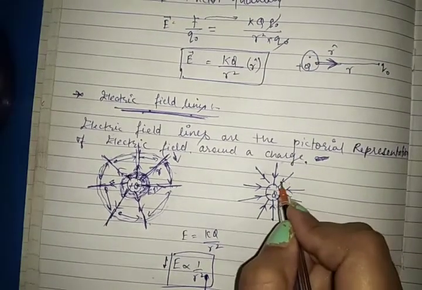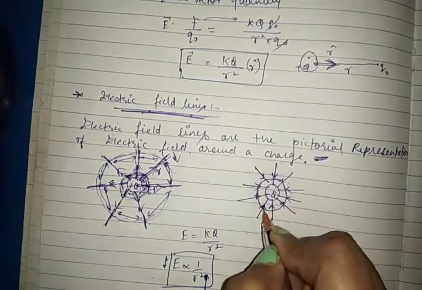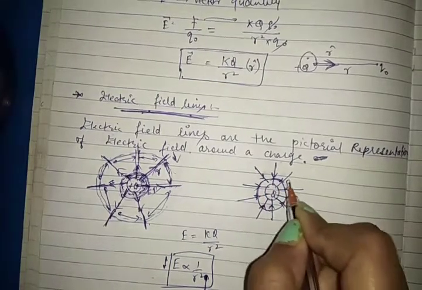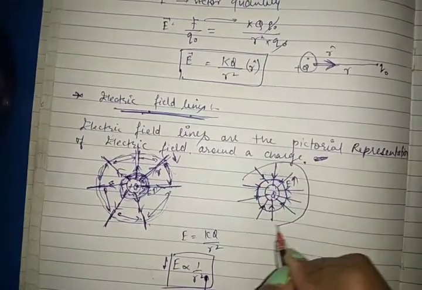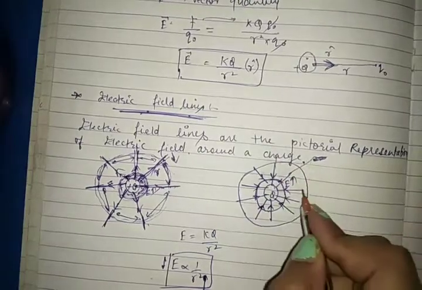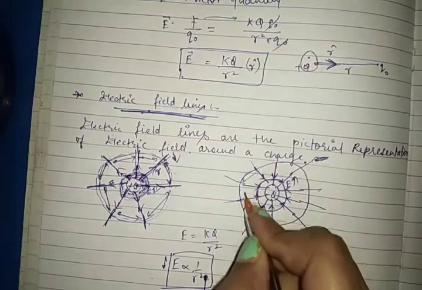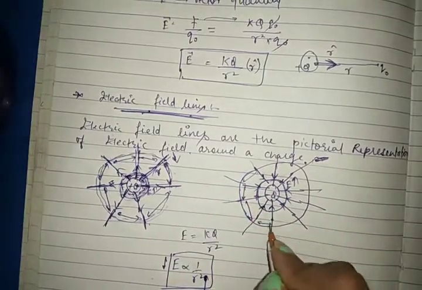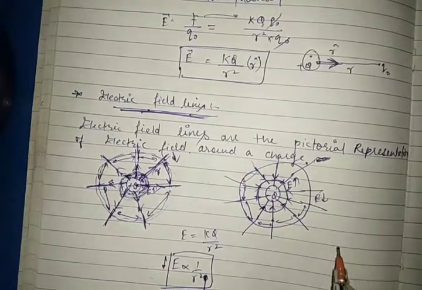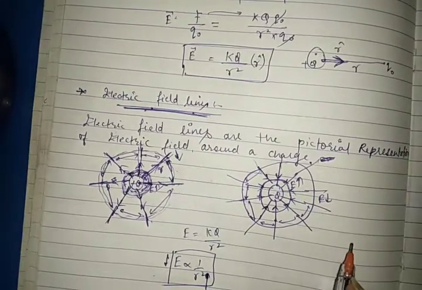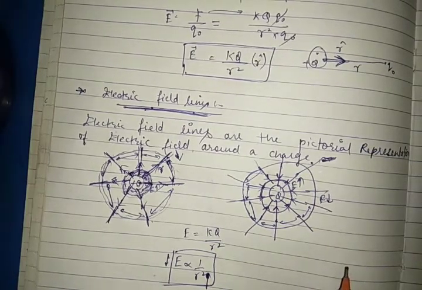Similarly, here in this part the electric field lines are closer to each other, meaning electric field intensity is greater near the minus q charge, and as we move away from it, the lines get apart from each other, the distance between them becomes greater, and due to this the electric field intensity is weaker. So electric field lines are a pictorial representation of electric field. It denotes the electric field intensity.